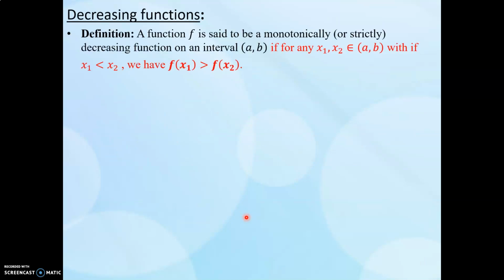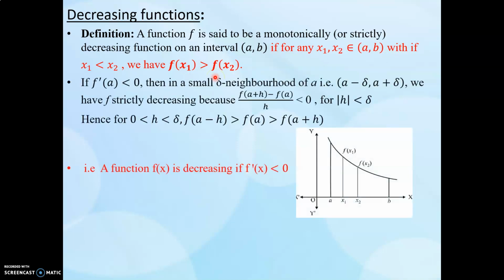Similarly, for decreasing function, a function f is said to be a monotonically or strictly decreasing function on an open interval ab if for any x1, x2 belongs to open interval ab, if x1 less than x2 we have f of x1 greater than f of x2. This you can see here because x1 is less than x2 but f of x1 is greater than f of x2.